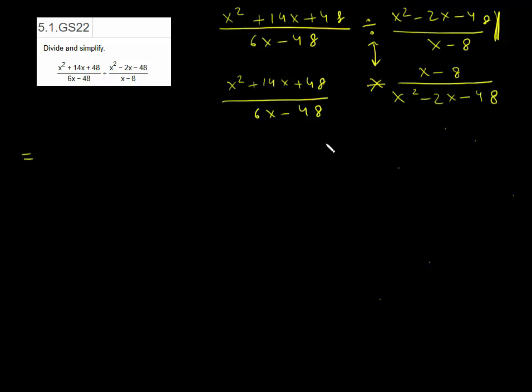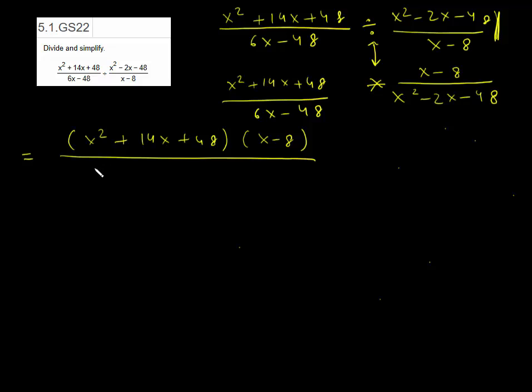and multiply the denominators. So write the product of the numerators, x squared plus 14x plus 48 times x minus 8, over the product of denominators, 6x minus 48 times x squared minus 2x minus 48.